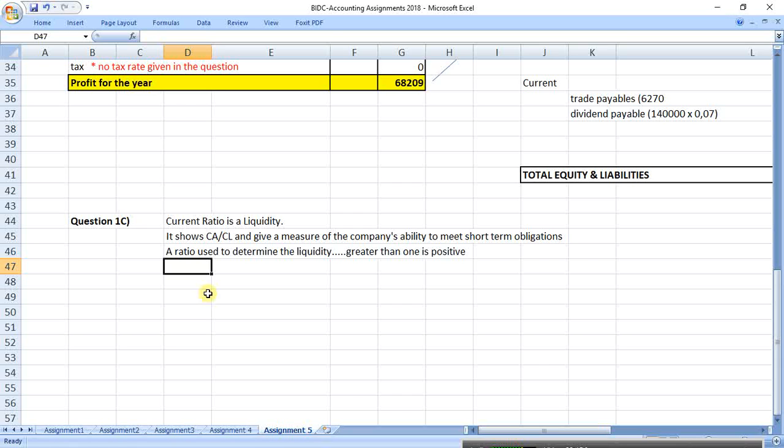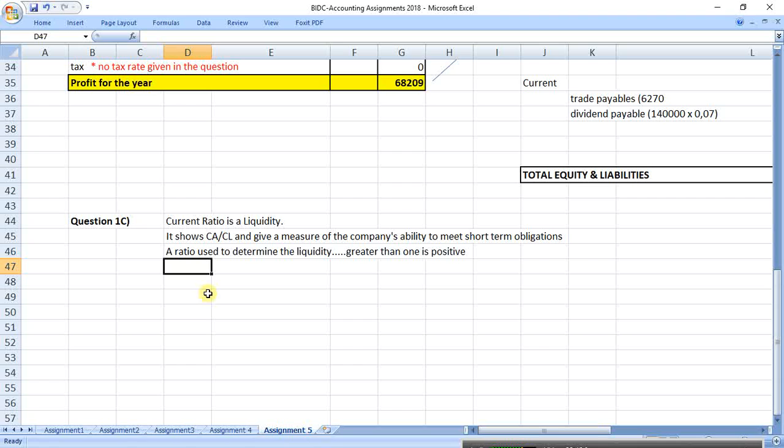Okay, so I'm just adding a bit more in terms of the interpretation because it's 4 marks. I don't know if 4 marks will be awarded to one definition. That seems a little bit much. But yeah, that's what they're giving. Okay, so explain the importance to the business of the current ratio.